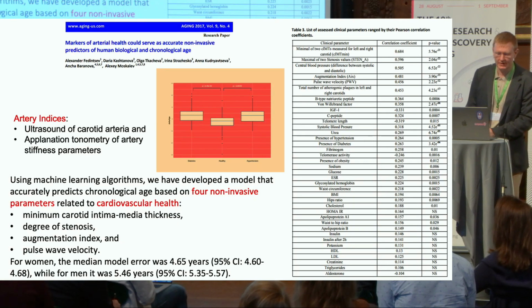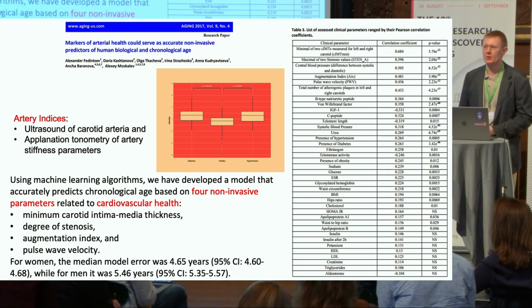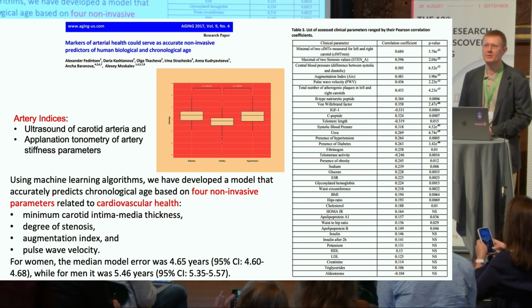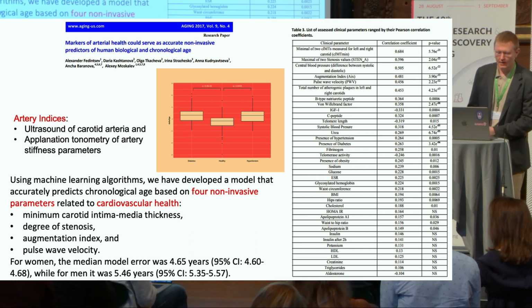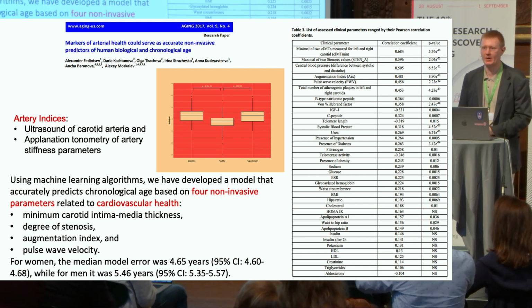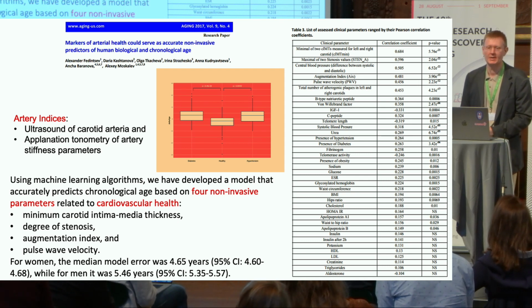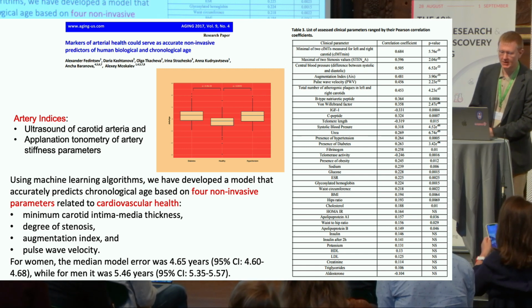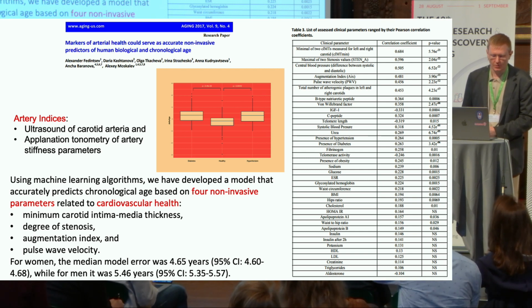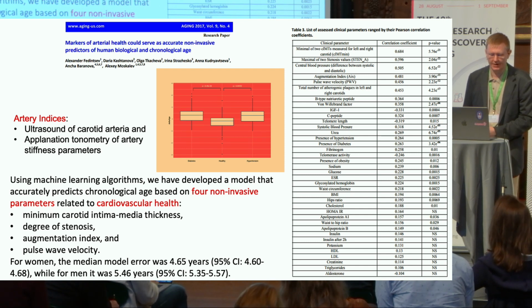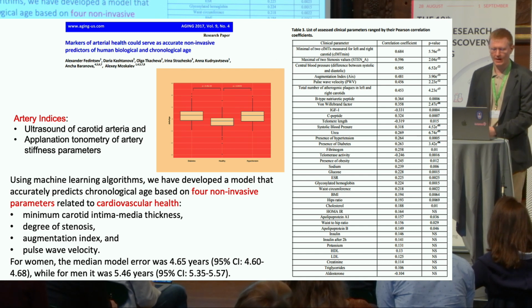We also did so-called artery indices. We used machine learning to see the predictivity of 68 different parameters of health in 200 healthy individuals of different ages, and did a rating of these parameters and observed that parameters of artery health are more predictive than other kinds of parameters, including endocrinology, inflammatory, etc. And we built a clock based on 4 parameters of cardiovascular health, using ultrasound of carotid artery and applanation tonometry of arterial stiffness in one model.